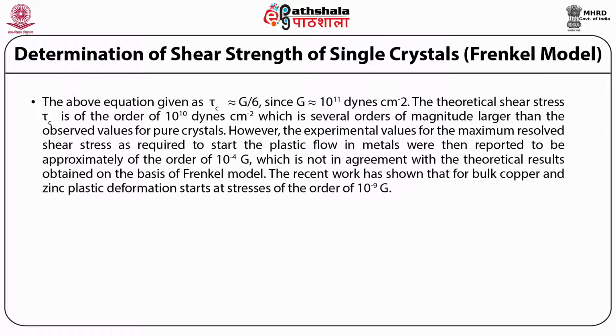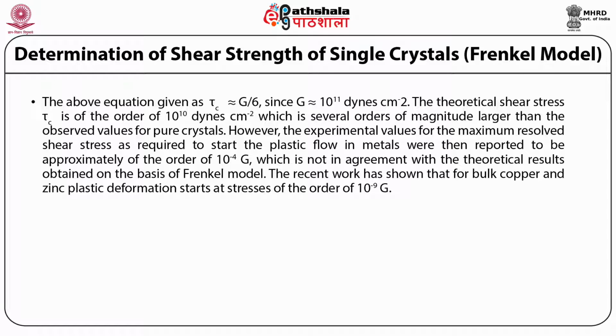Since G is of the order of 10 raised to power 11 dynes per square centimeter, the theoretical shear stress tau c is of the order of 10 raised to power 10 dynes per square centimeter, which is several orders of magnitude larger than the observed values for pure crystals.